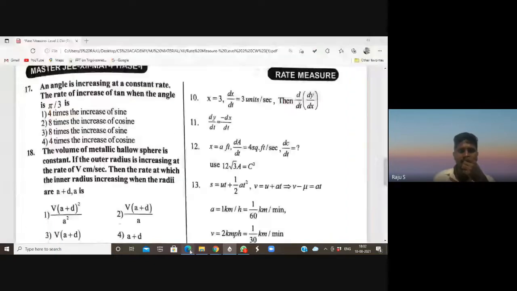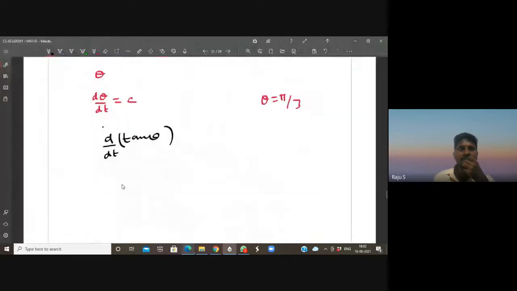Because they are asking the rate of change of tan with respect to angle. So d by d theta of tan theta is secant square theta, and times d theta by dt. Secant square theta with theta pi by 3 they have given. D theta by dt is already given, it is a constant.